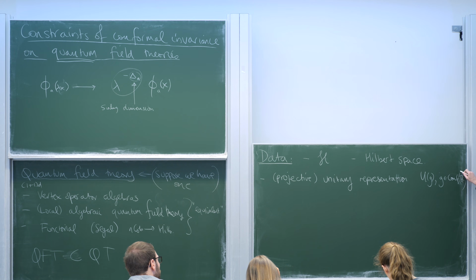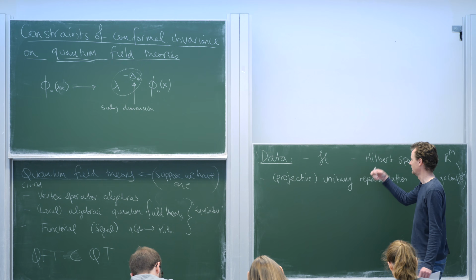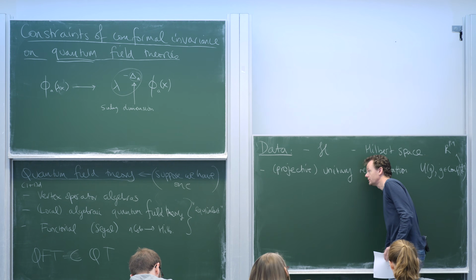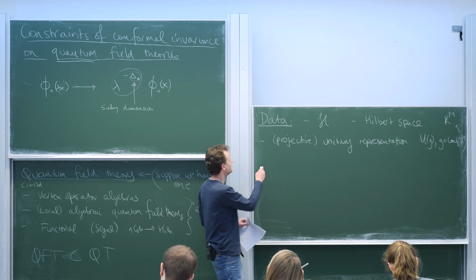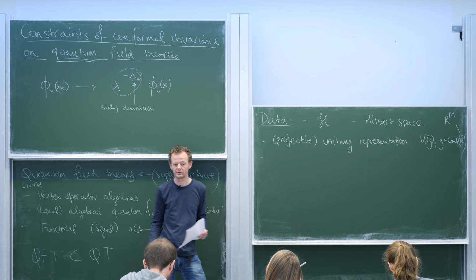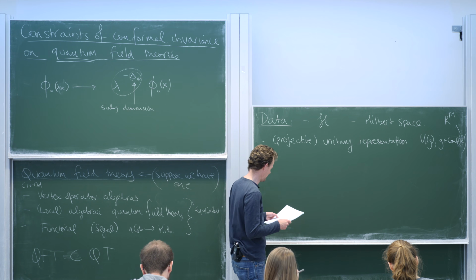So this is R(P,Q). Whatever a conformal field theory is, it's a quantum theory. The symmetries have to act on this quantum theory, so they have to be projective unitary operations by Wigner's theorem.